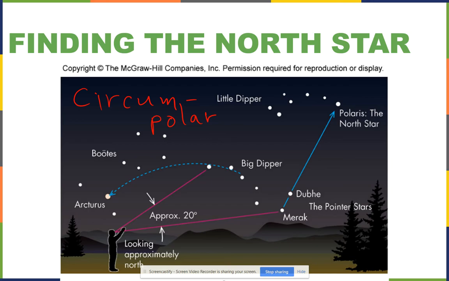Circum, around. Polar, the pole. It goes around the pole, but there's another piece to this circumpolar. It goes around the pole without being hidden. Any time of year at our location, we can see the Big Dipper.